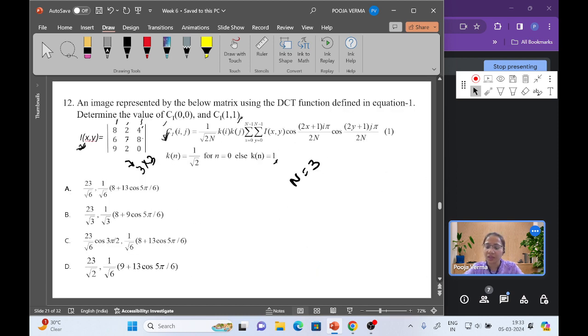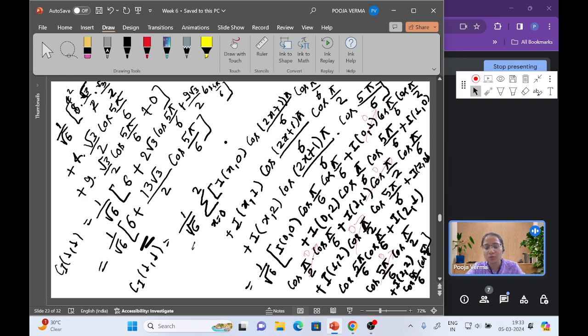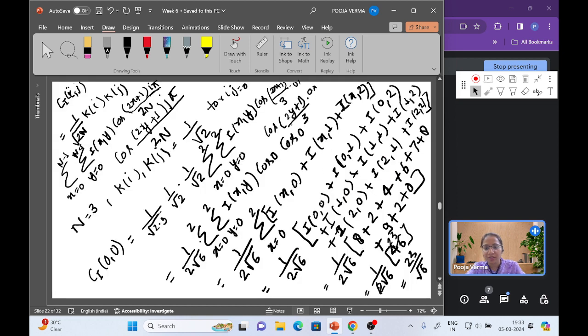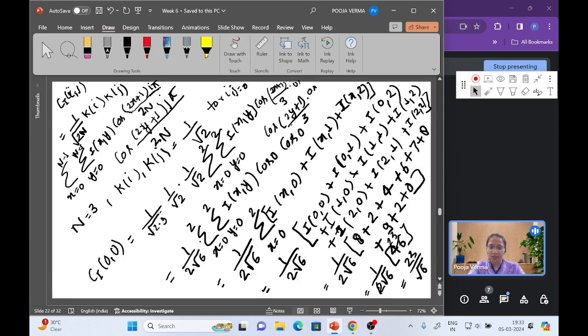So here a wrong answer is given. Here we didn't have root 3 by 2, so no options are correct. Here it must be root 3 divided by 2. Root 3 divided by 2 must be considered in this part. Okay, so no option is correct here. This type of problem you can solve like this.